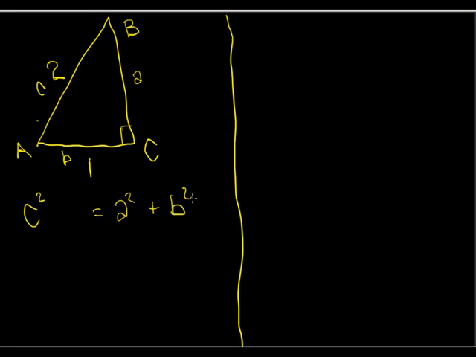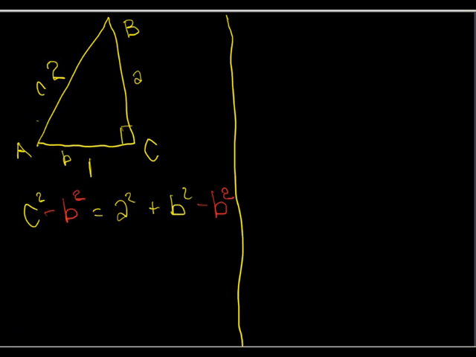But we want to find out what A squared is, so we need to get that on its own somehow. So if we just subtract B squared from that side of the equation, that would leave A squared on its own. Now what we do to one side we must do to the other, so we also have to subtract B squared from this side of the equation, otherwise it's not an equation, it would be unequal or unbalanced.